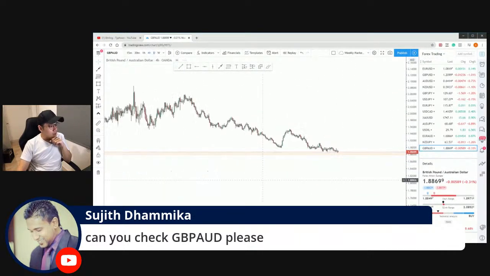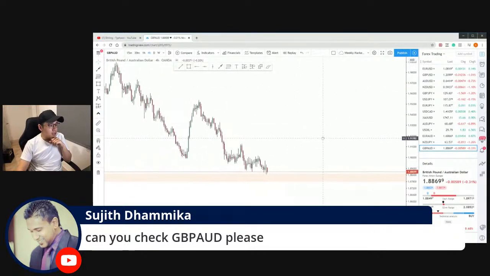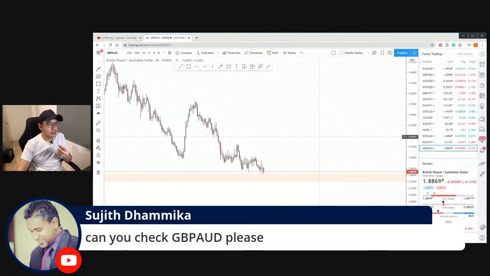What we are looking for is that we need to wait for the market to give us a buying confirmation sign. What do I mean by buying confirmation sign? We need to see the market make the first push up, a second push down, a retracement, and create a new high.